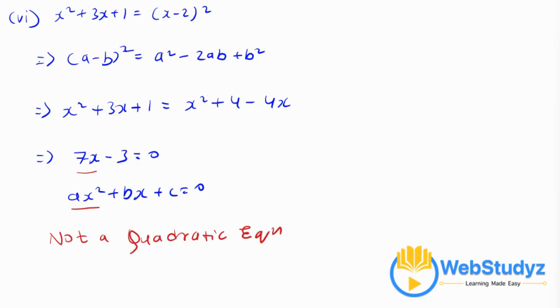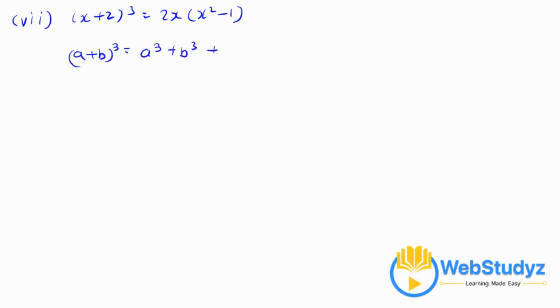Now move on to the seventh equation, which is (x + 2)³ = 2x(x² − 1). As we know, there is an identity (a + b)³ = a³ + b³ + 3ab(a + b).